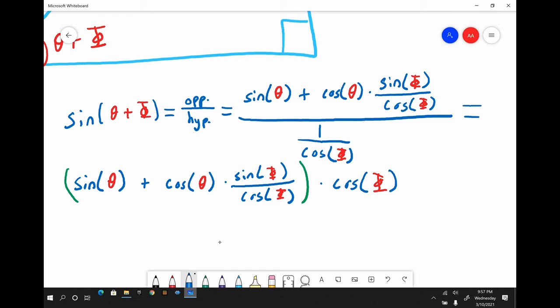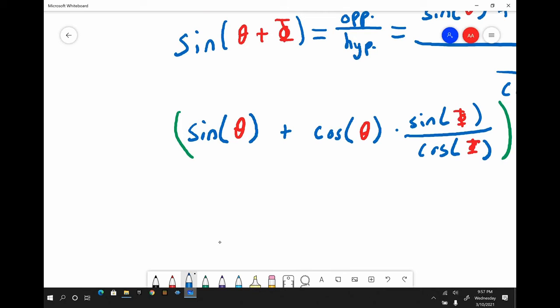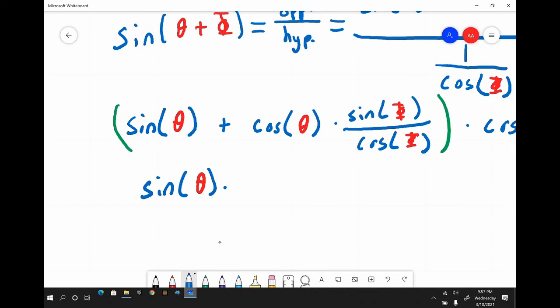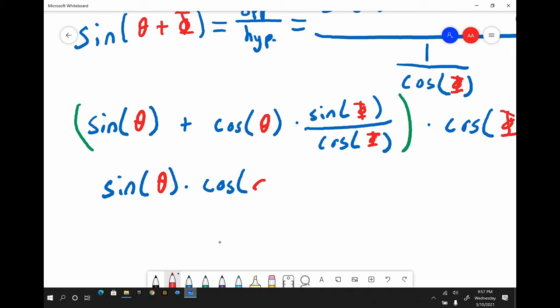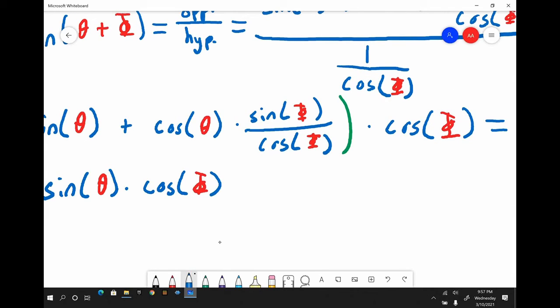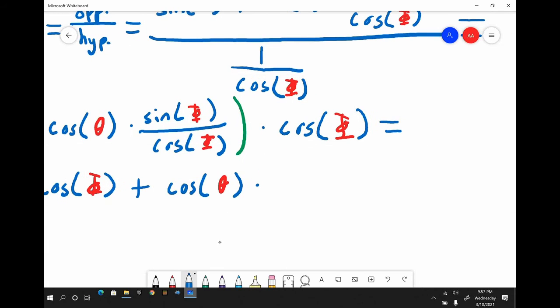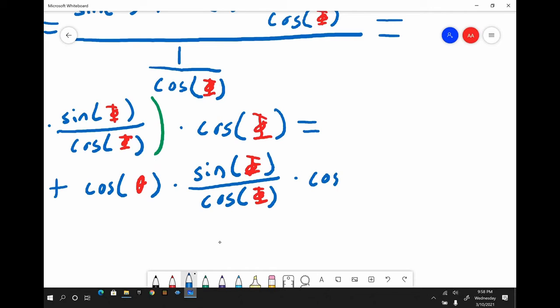Now, if we distribute our cosine of phi, we will have the sine of theta plus phi is equal to the sine of theta times the cosine of phi plus the cosine of theta times the sine of phi over the cosine of phi times the cosine of phi.